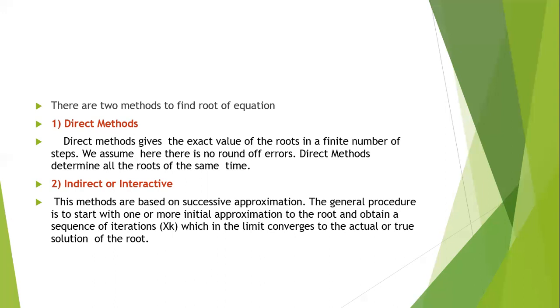Means after the initial guesses, we obtain a sequence of operations, making a number of iterations, and in the limit of convergence we find the solution which is the actual or true solution of the root.